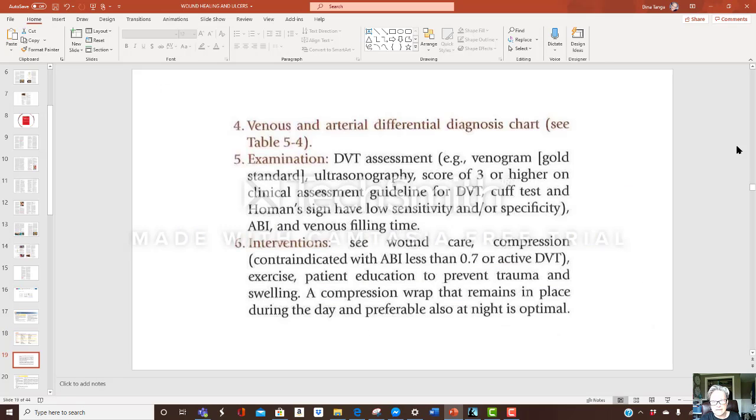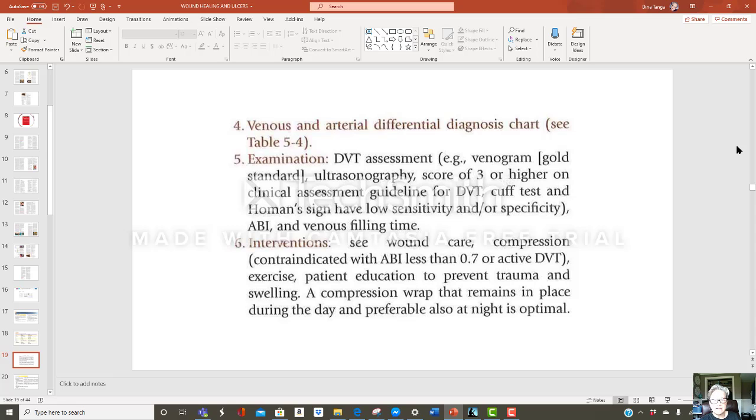Examination, DVT assessment. Ultrasonography, score of 3 or higher on clinical assessment guideline for DVT. Cuff test and Homan signs have low sensitivity and specificity. ABI and venous filling time.